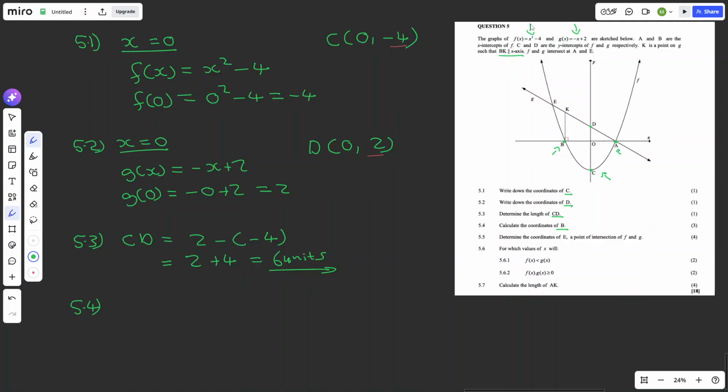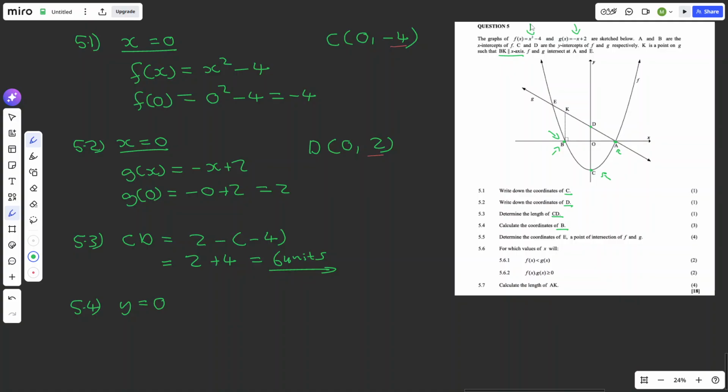But for this question, we want to find B. So when you want to find these coordinates, given that our parabolic function intersects the x-axis, we can deduce that y is equal to 0. And you can clearly see that because that point lies directly on the x-axis.